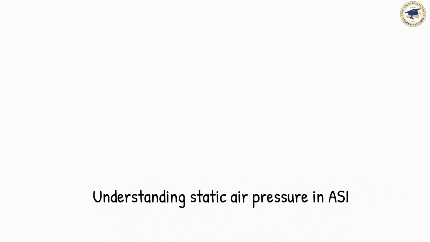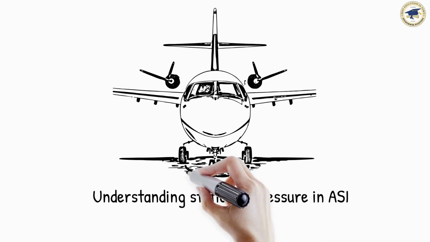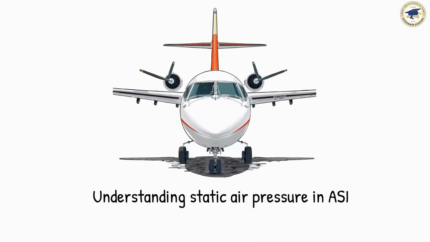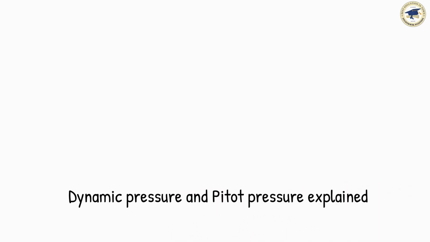Air pressure. When an aircraft is stationary on the ground in still air, it experiences only the ambient atmospheric pressure, also called static pressure. Now, when the aircraft moves forward, it also experiences dynamic pressure, which depends on its speed.